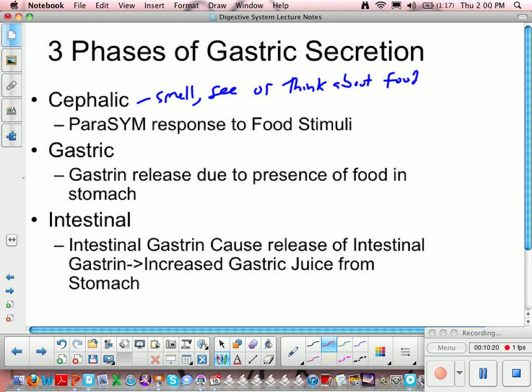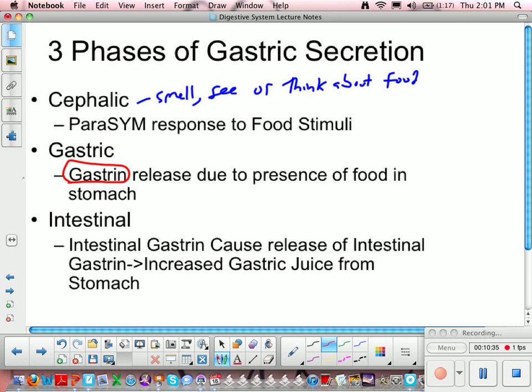The gastric phase is when the stomach releases the gastrin in response to food just being in the stomach. So when we get food in the stomach, we release that gastrin.